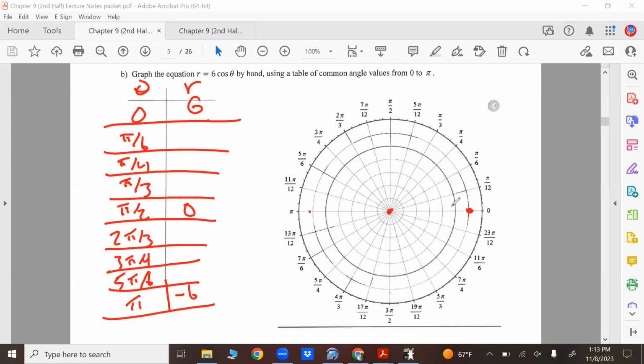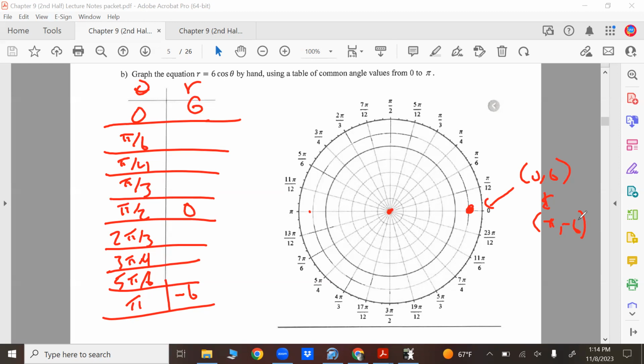So here's 6, but it has to jump over, so it gets back over here again. So this point is both 0, 6 and pi, -6. Some of these points actually serve more than one set of coordinates. The point to the far right can be both 0, 6 and pi, -6.